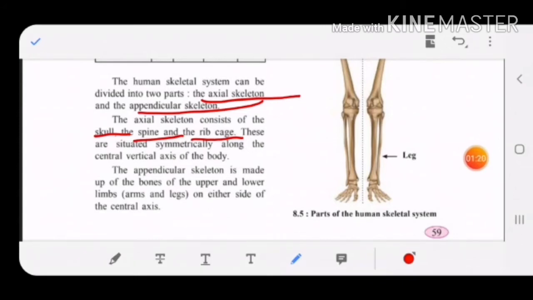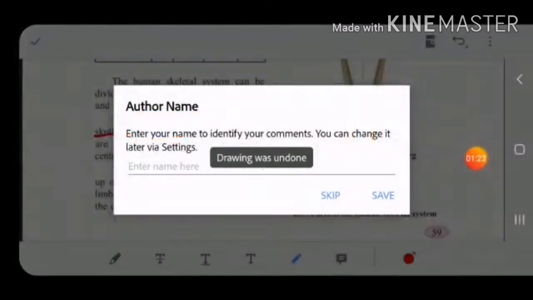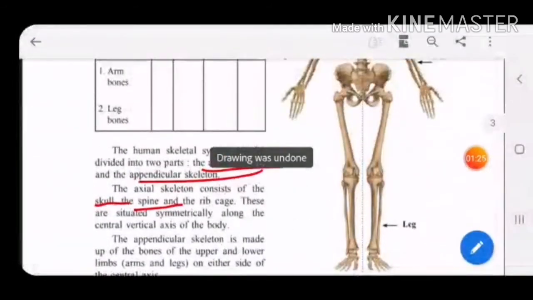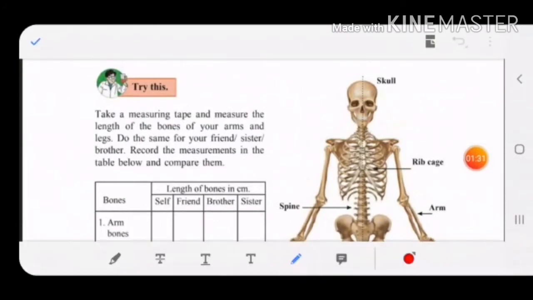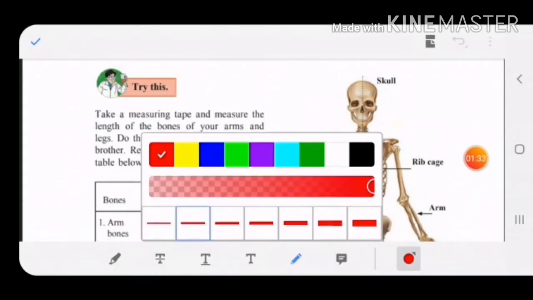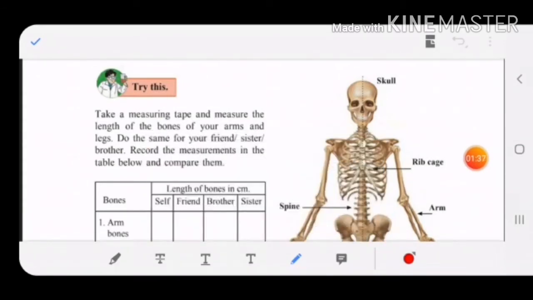Now see here children, in this figure which is given to you, the first is the axial skeleton. It consists of three things, that is skull, rib cage and spine, and they are situated symmetrically along the central axis of our body.